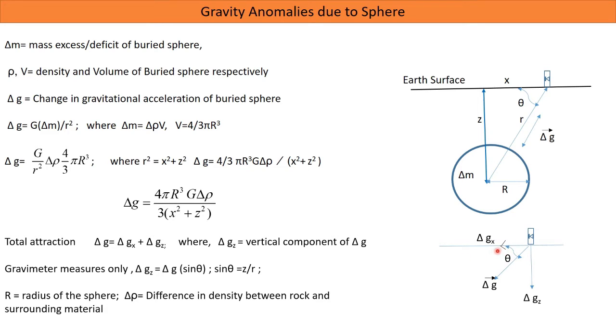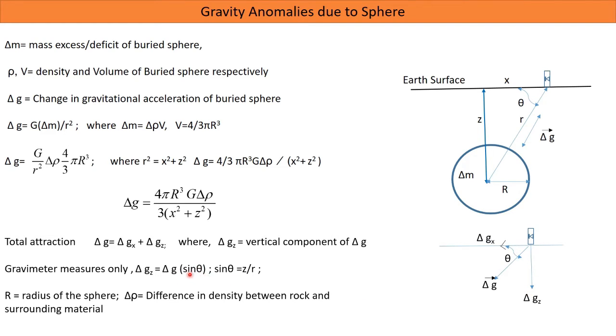You can see there is the delta g, that means the gravitational attraction in this direction. It makes an angle theta with the horizontal surface. So this delta gx component will be delta g into cos theta, but our gravimeter measures only the vertical component, which is delta g sin theta.